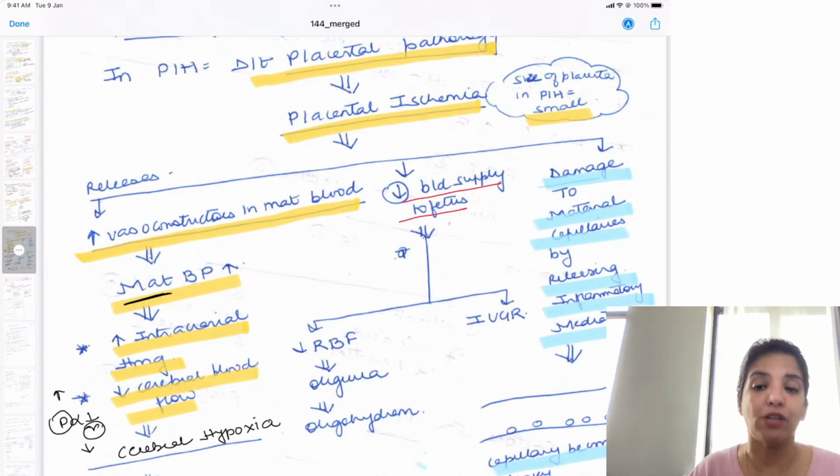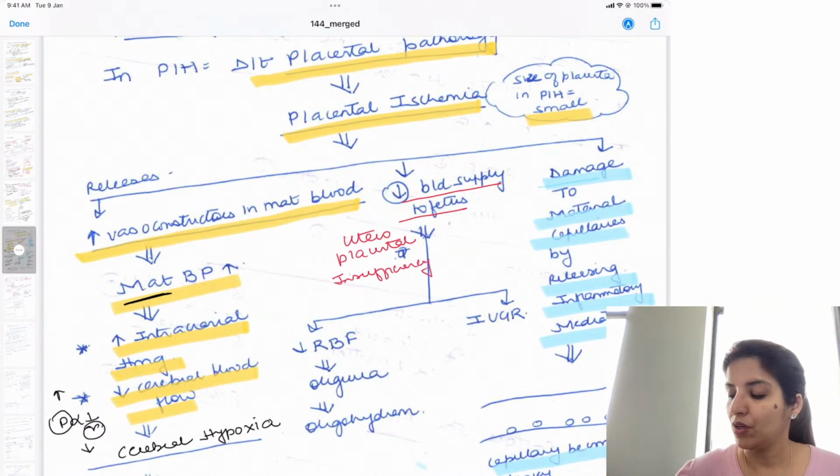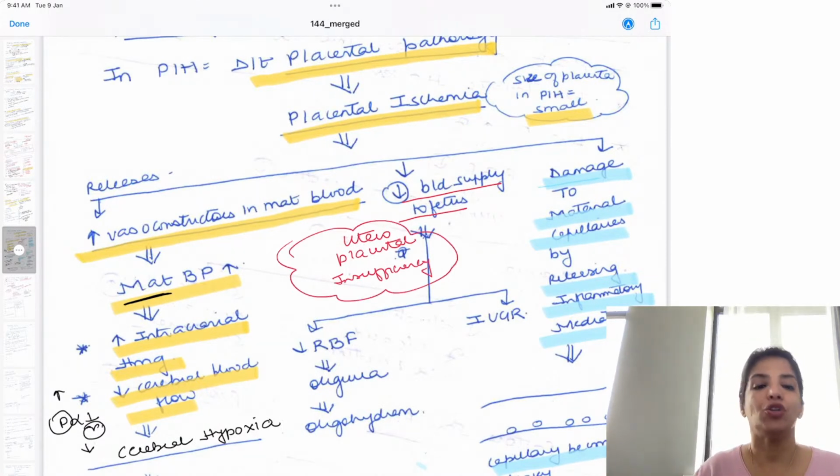Now, in the class also I have told you that there is a fancy name for this condition, that when blood supply to the fetus decreases, that is called uteroplacental insufficiency. So what is going to happen? Uteroplacental insufficiency. So all the Bishkek students, quickly type.